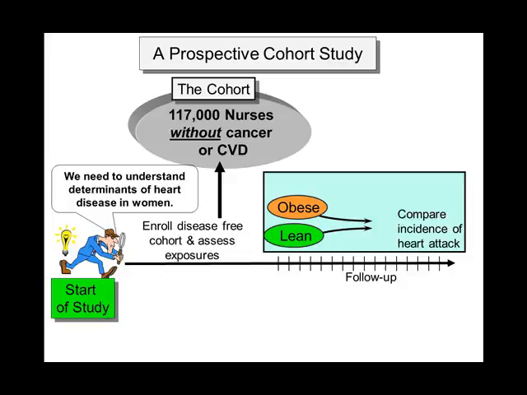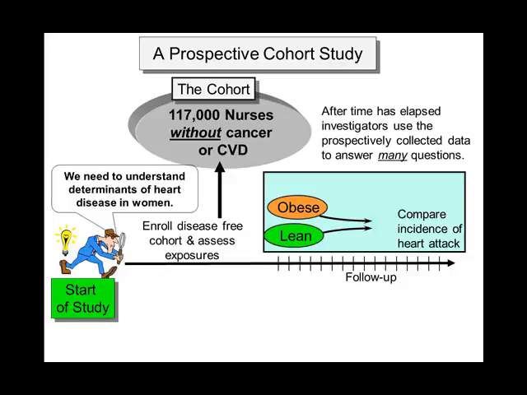But in addition to looking at this particular exposure, after time, the investigators had the possibility of actually testing many hypotheses, answering many questions about a whole variety of other exposures, looking at, for example, nutritional habits, exercise, and so forth.